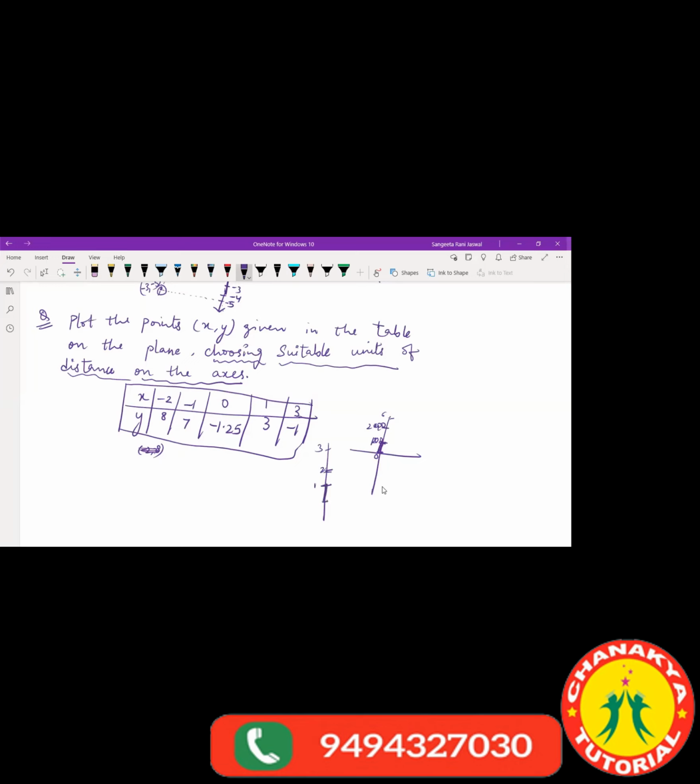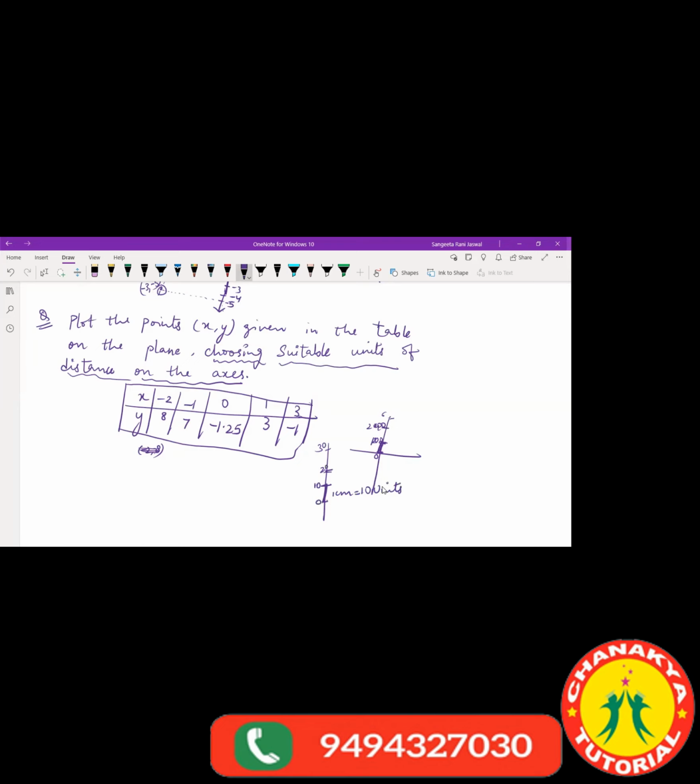Suppose you have 1 to 100, 10, 20 like this. So you will take 1 centimeter to be 10 units. Are you getting? So this is 20, this is 30, so that it fits in your paper.